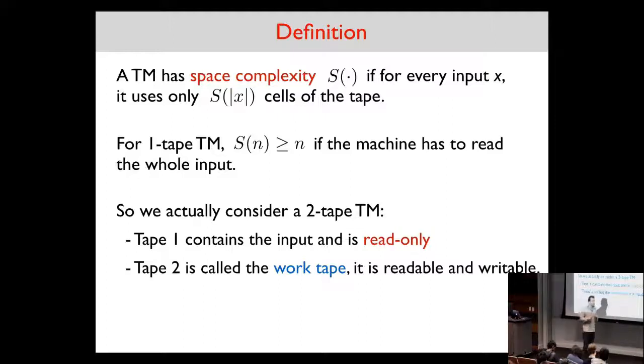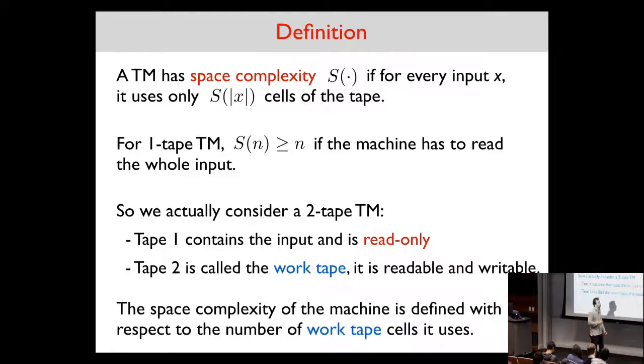It's called the work tape. And this is where your Turing machine can do its computations. And this is, of course, readable and writable. Okay. And then the space complexity of such a machine is going to be just the number of work tape cells that the machine is using.